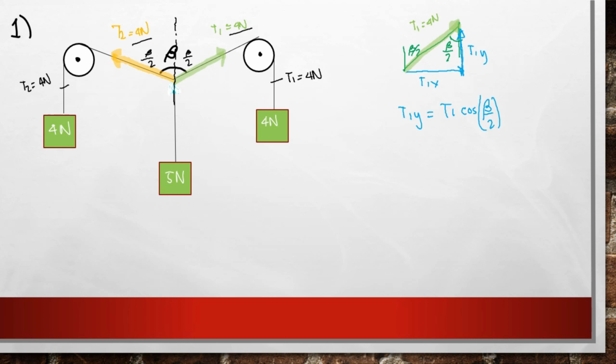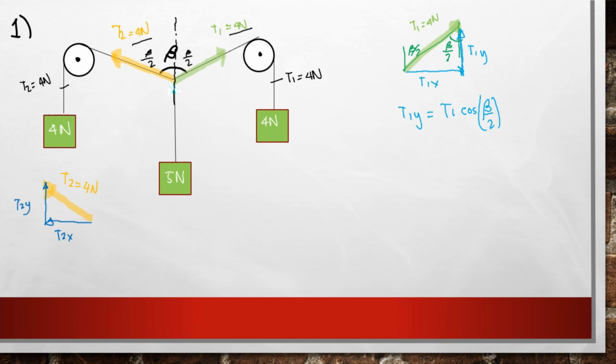Same thing here. Let us try to evaluate T2 here in this side. If we have here T2 and we say that this is T2 for Newton, it will be having a component like this. So we will have T2x going to the left and T2y going upward. All right.